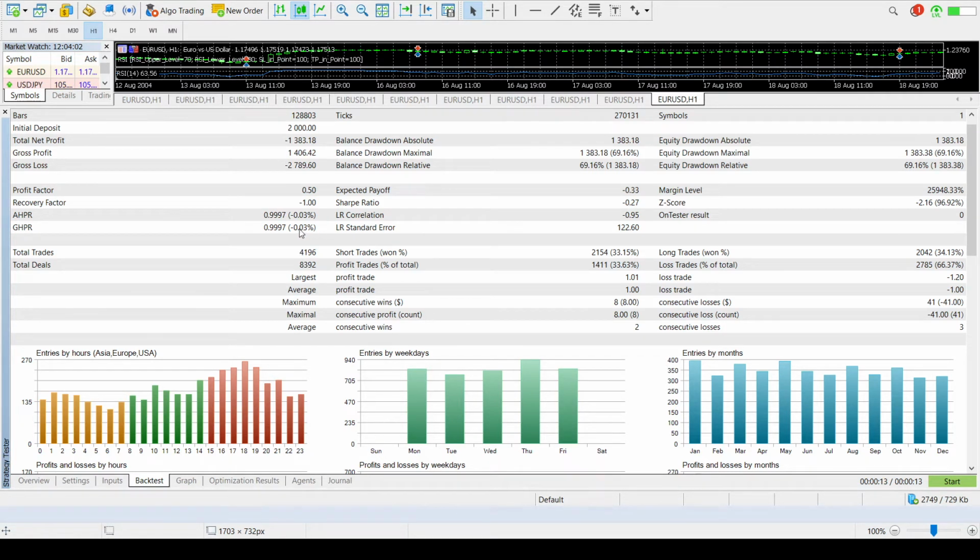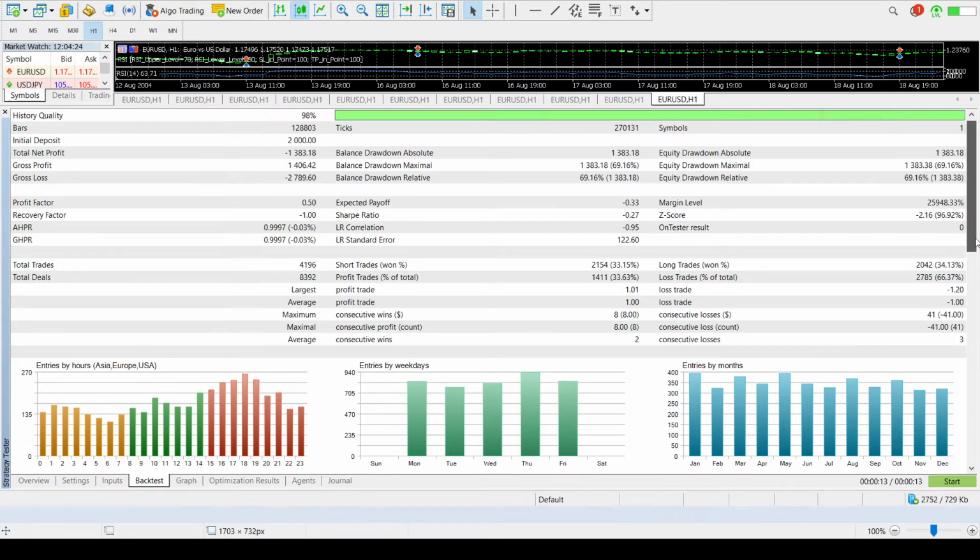It has performed 4,196 trades, and out of these 4,000, we have made about 2,154 short trades, and that is about 33% win rate, and 2,042 long trades, that's about 34% win rate.